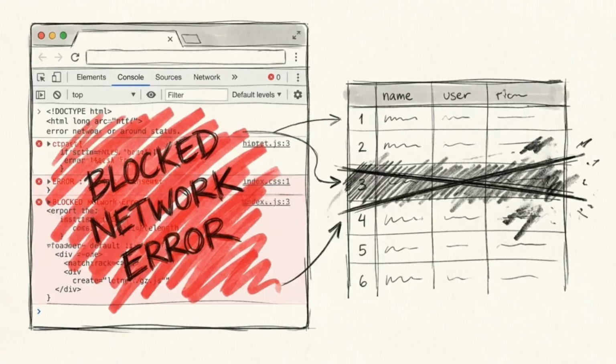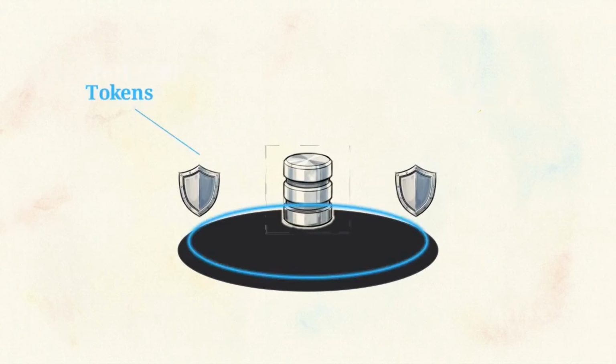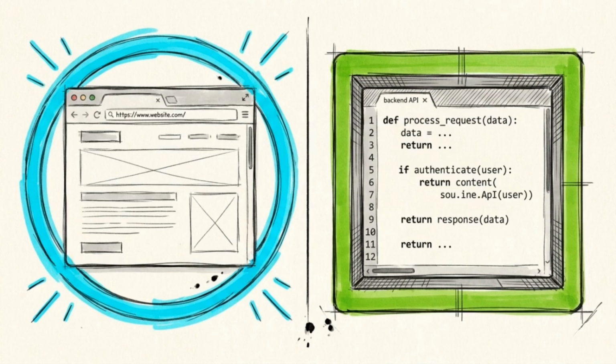CORS restricts the reading of data, but it cannot prevent the execution of logic. Protecting the backend itself requires independent defenses, such as anti-CSRF tokens or strict same-site cookie attributes. CORS secures the user's data within the browser environment. Safeguarding the server remains the developer's responsibility through dedicated backend architectural defenses.